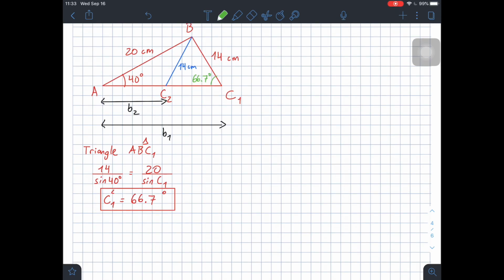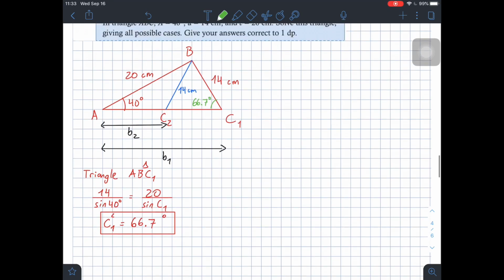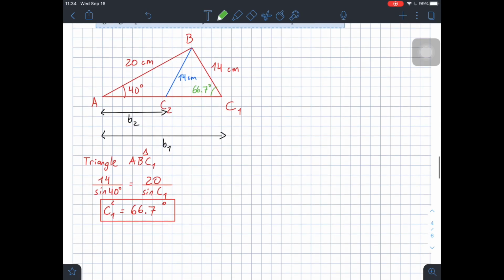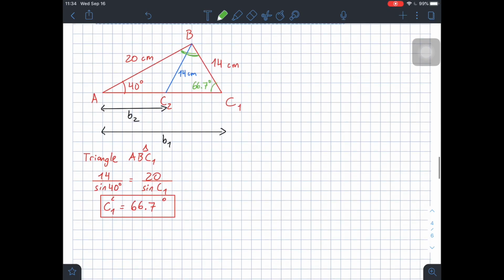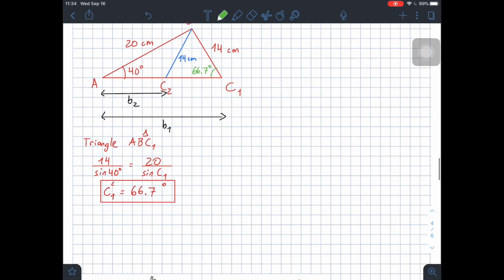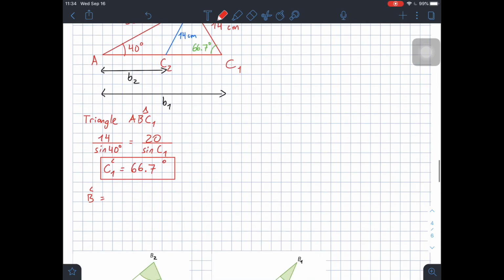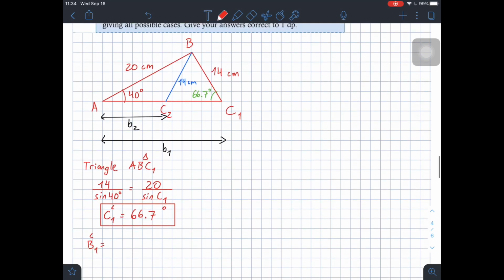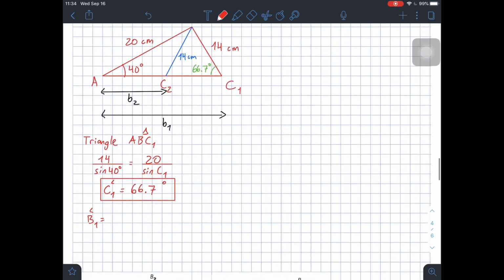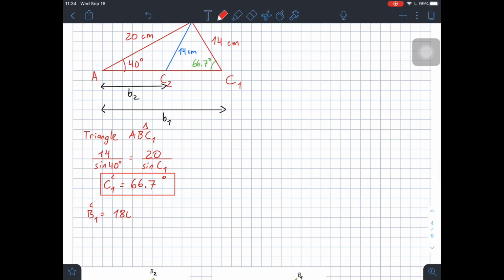Then, if we keep working with the big triangle, ABC1, I can find this complete angle over here. Angle B, I'm going to call this B1 as well, because we're going to find two angles for B. It would be 180 minus 66.7 plus 40, right?